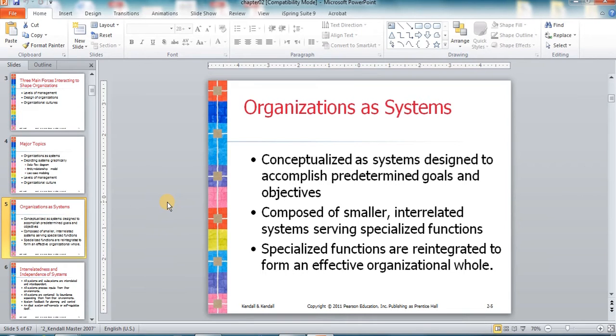So we can say in general that any organization can be divided into subsystems. These subsystems might contain one or more departments and sections within the organization, and each one of these subsystems will work to achieve a certain objective or set of objectives among the comprehensive objectives of the organization.